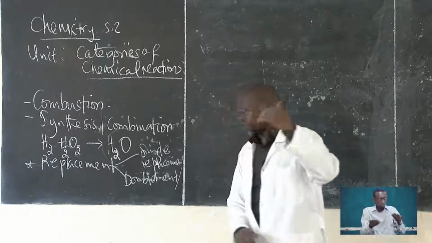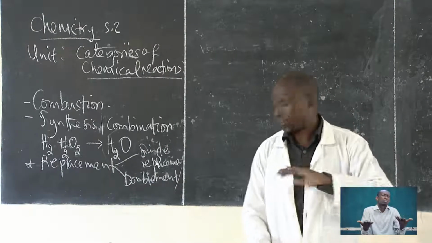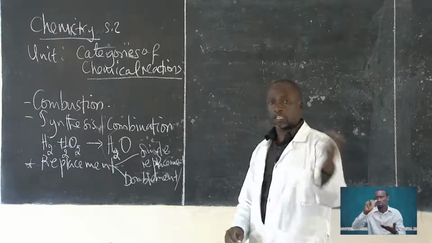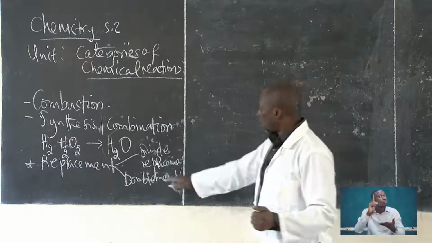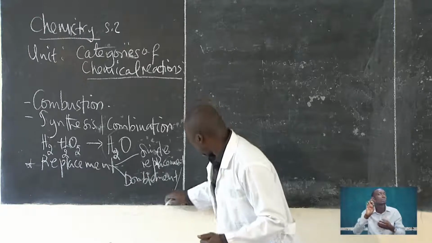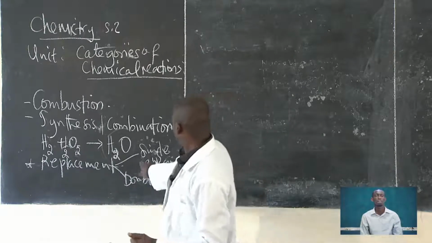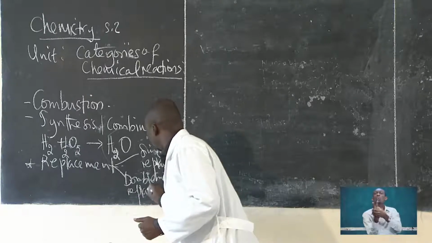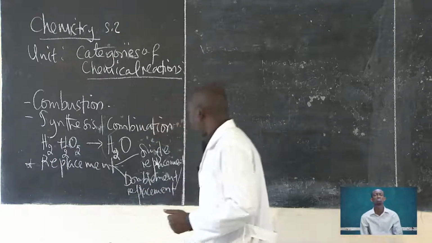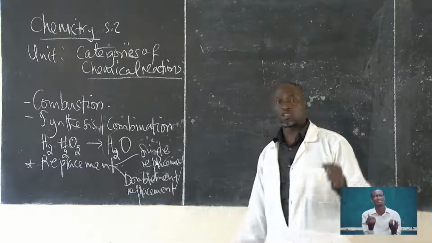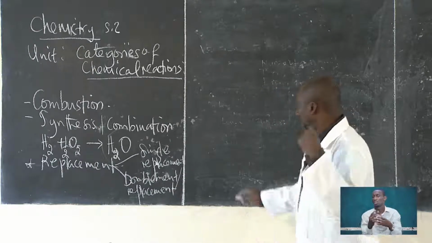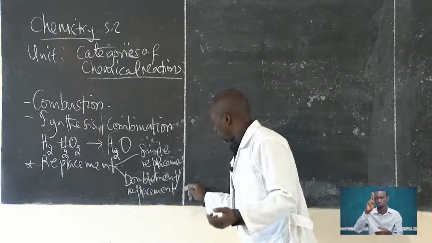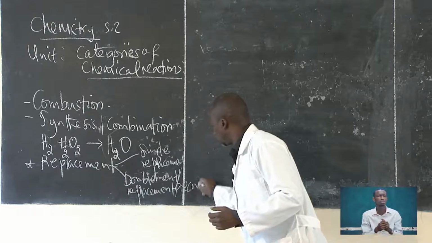We can also call it replacement or displacement. Those words are used interchangeably, and they mean the same. Double replacement is sometimes called double decomposition. This is similar to precipitation.